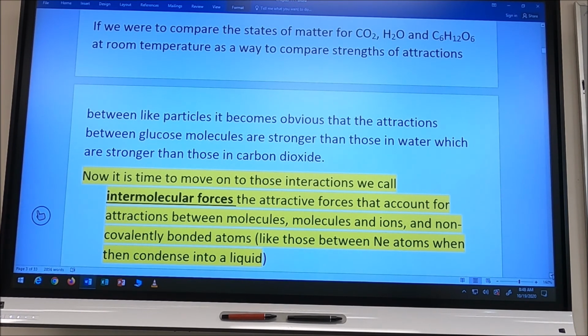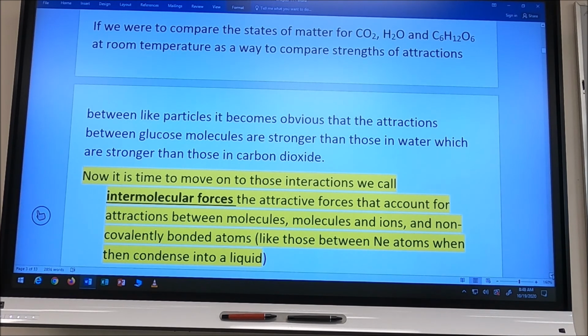But carbon dioxide is a gas, which means that it has to have the weakest attractive forces between it. And the one with the strongest has to be the glucose because it's the one that's a solid at room temperature. Its attractive forces are much, much stronger than its collision forces for the particle. Okay?